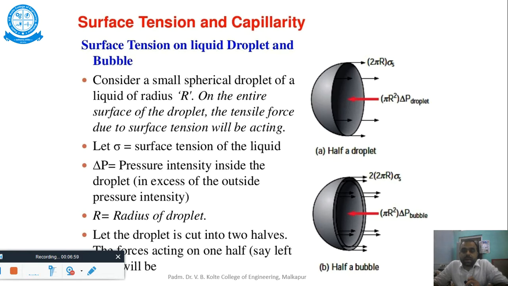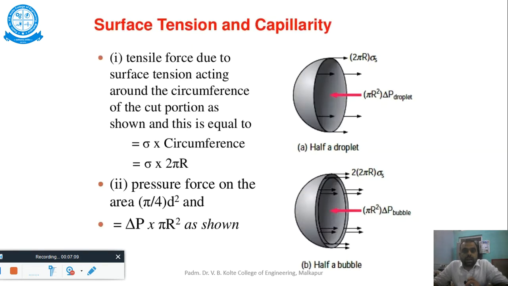Okay, so part A will be half of the droplet, part B will be the remaining part of the droplet. See, the tensile force due to surface tension acts around the circumference of the cut portion as shown. The surface tension force acts on the surface circumference of the liquid droplet. Is it right? So sigma multiplied by circumference. What is meant by the circumference of the circle? It is twice pi R. So what will be the tensile force? Sigma into twice pi R.